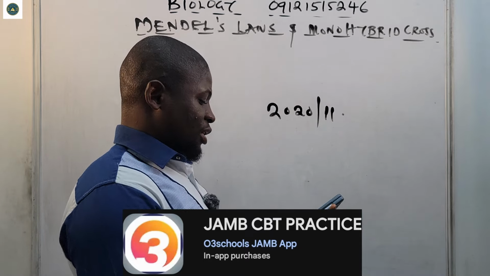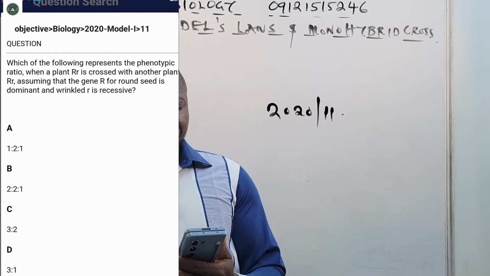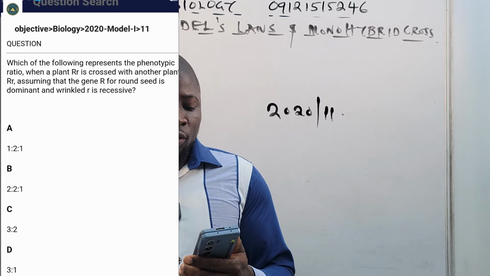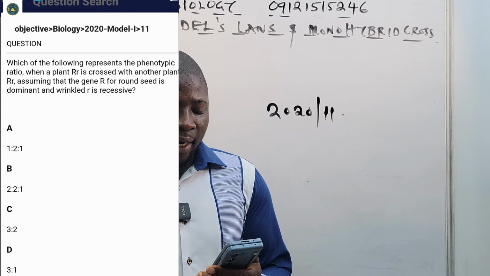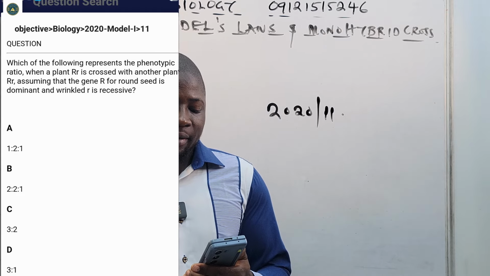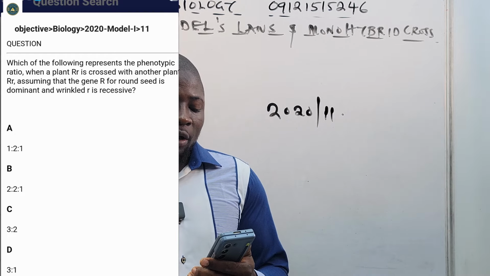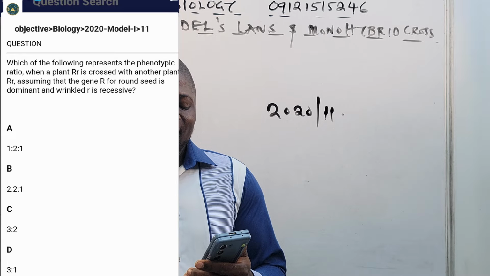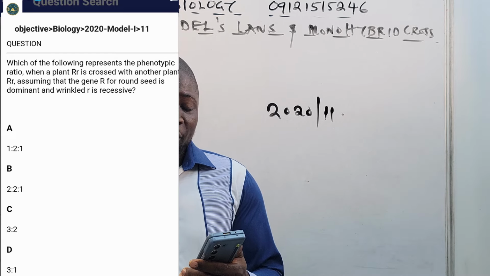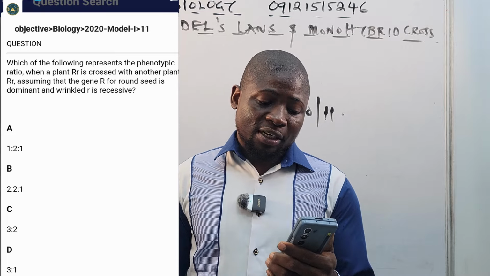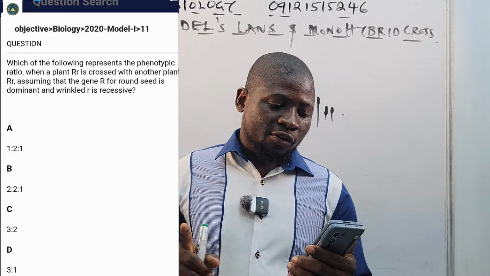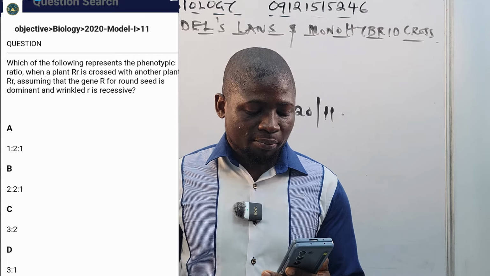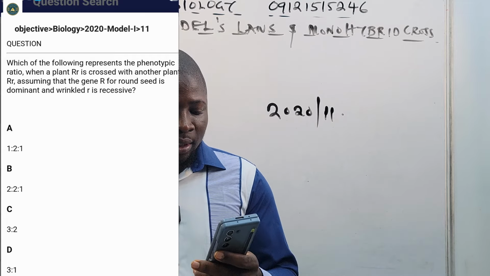It says: which of the following represent the phenotypic ratio when a plant RR is crossed with another plant RR, assuming that the gene R for round seed is dominant and the wrinkled R is recessive? A says 1, 2, 1; B says 2, 2, 1; C says 3, 2; D says 3, 1.